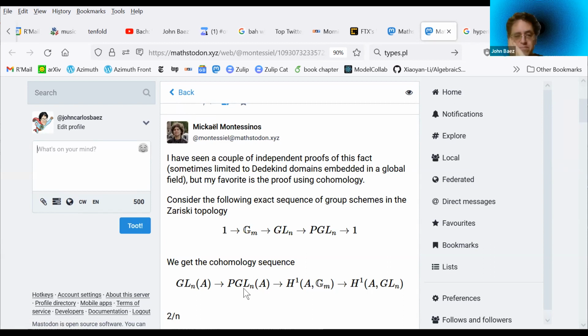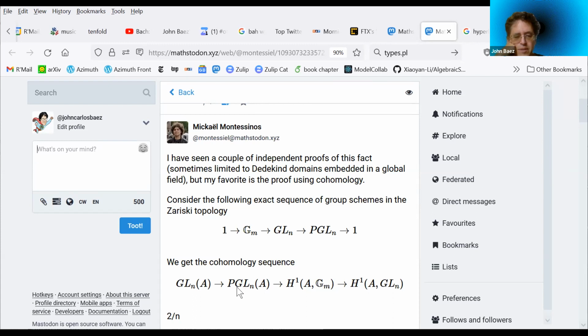You might think that this is isomorphic to PGLNA, because H0 is about global sections, and you can certainly get global sections of a sheaf of groups like PGLN over A just from constant sections.